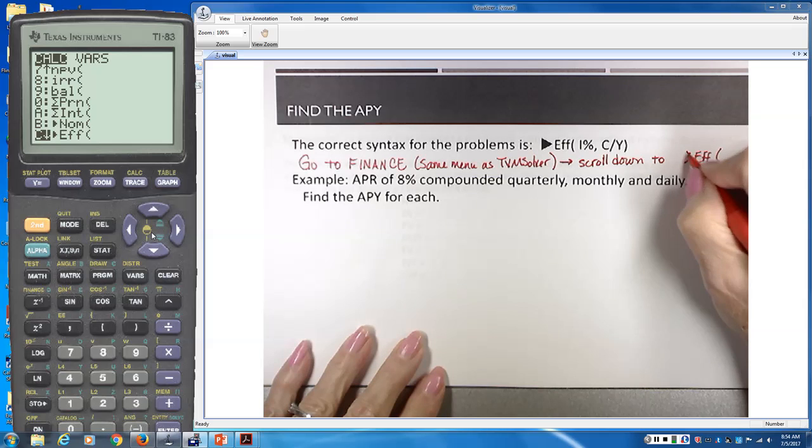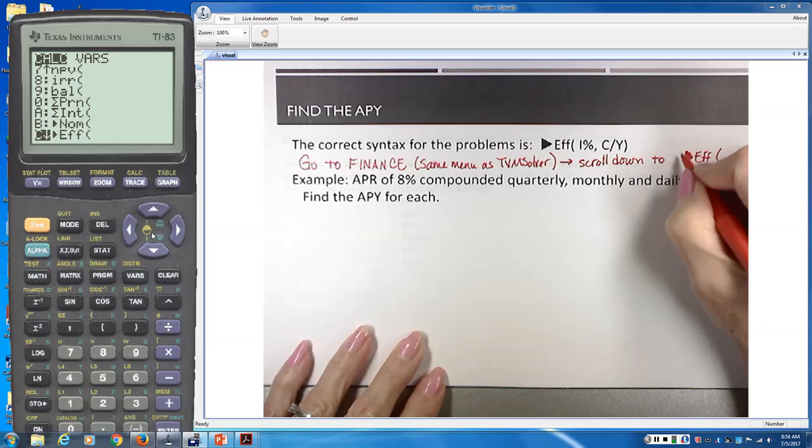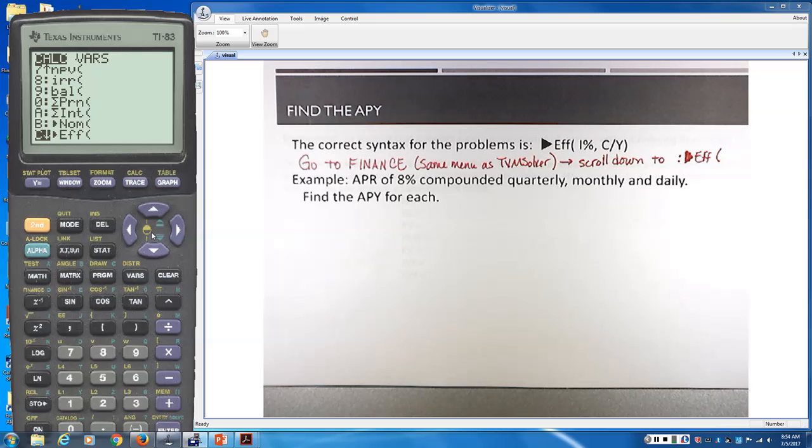And when you get there, somebody's going to have to tell me because I'm not positive. I think it's on letter C at both of them. Let me check on mine up here. Yeah, it's on letter C on the 83 and the 84. So you have to scroll down quite a ways.